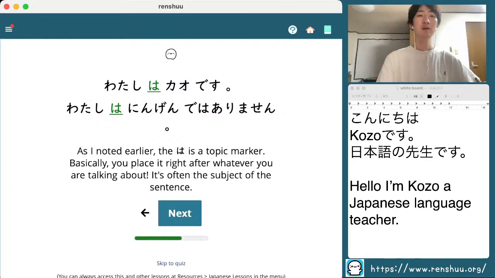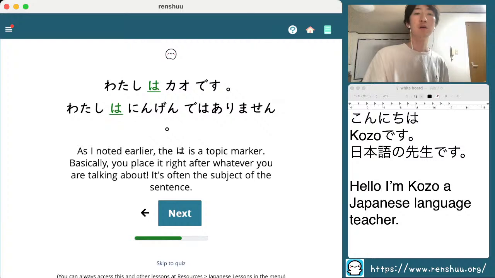Okay, the next. 私は顔です。私は人間ではありません。As I noted earlier, wa is a topic marker. Basically you place it right after whatever you are talking about. It's often the subject of the sentence. There are also some particles that can be the subject in Japanese, so learners sometimes get really confused.